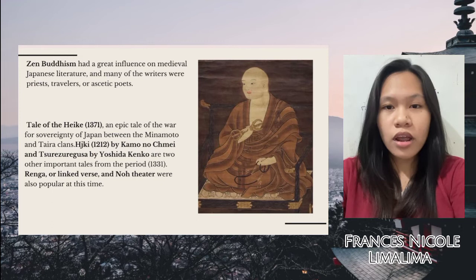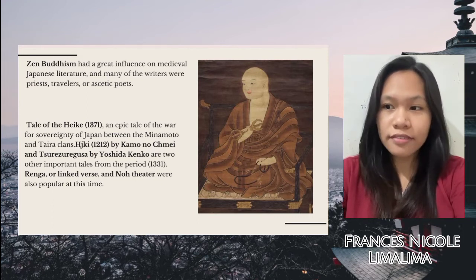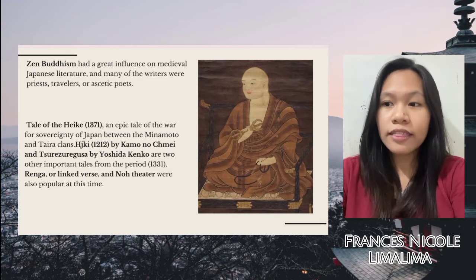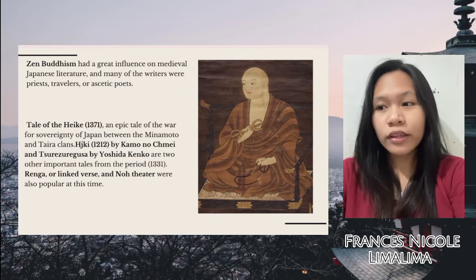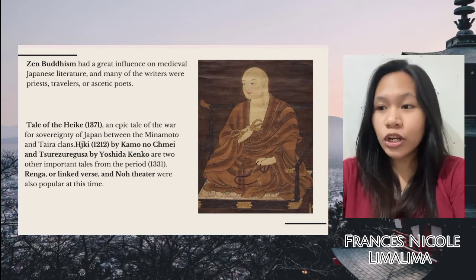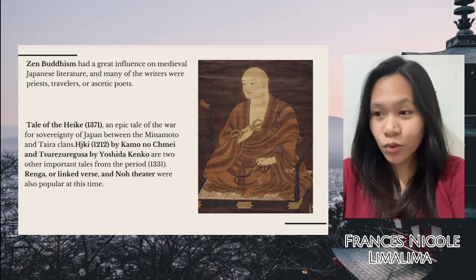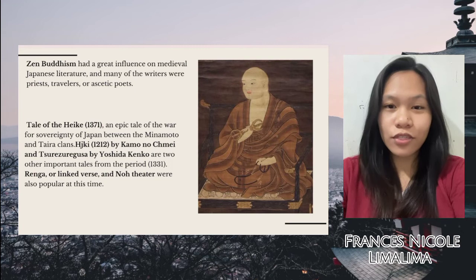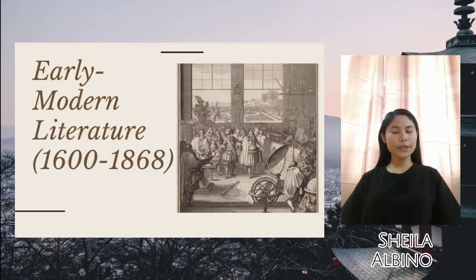It is a story of the struggle between the Minamoto and Taira clans for control of Japan at the end of the 12th century. There are also other important works of the period, including Kamo no Chomei's Hojoki in 1212 and Yoshida Kenko's Tsurezuregusa in 1331.